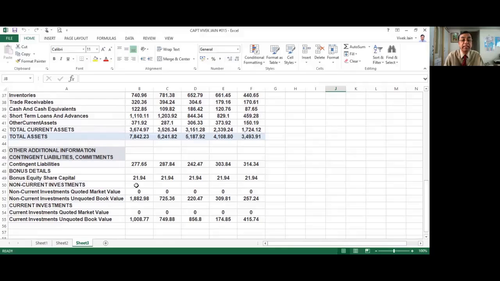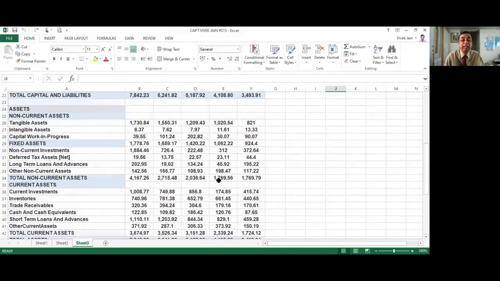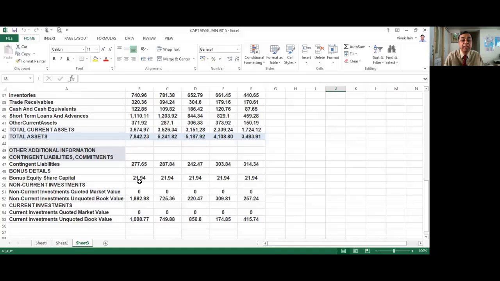You see bonus equity share capital, again, such a lovely company. 24 crores of equity we have seen here, and out of that, 21.94 is the equity bonus. That means the company may have started off with 2.06 crores so many decades ago, and that 2.06 has multiplied by way of bonuses to 24 crores today, 12 times nearly.